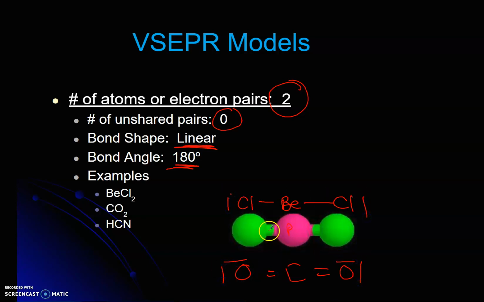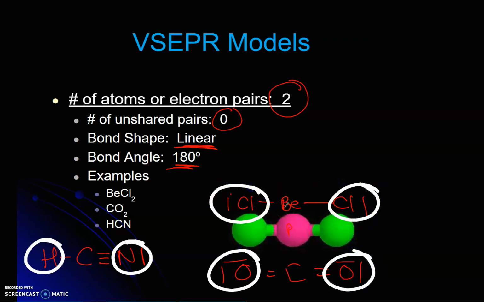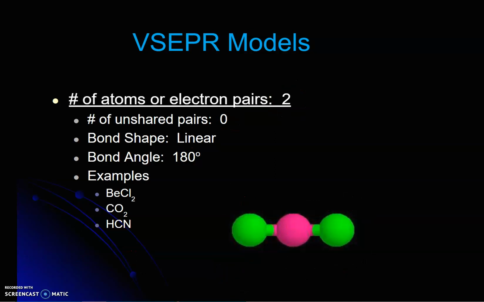It doesn't matter if it's a single bond or a double bond or a triple bond. Hydrogen cyanide, which actually has one single bond and one triple bond. You count the number of atoms bonded to it, not how many different types of bonds there are between. But it's basically going to repel and be in a nice straight line from one another.